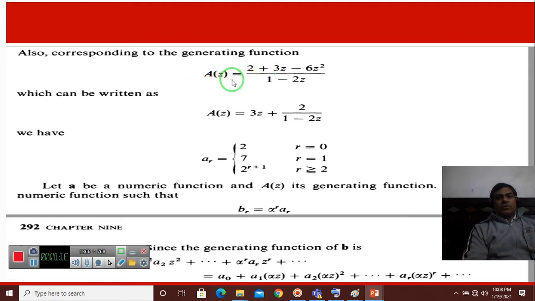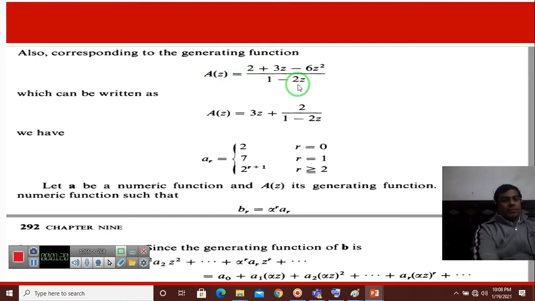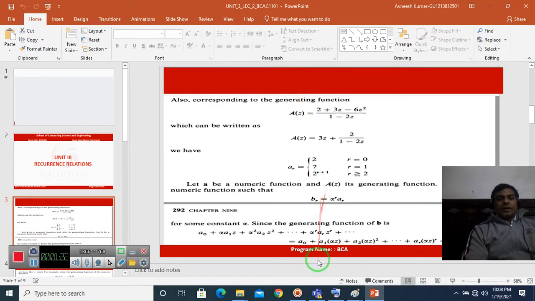So A(z) equal to 2 plus 3z minus 6z square upon 1 minus 2z. This is the given A(z).